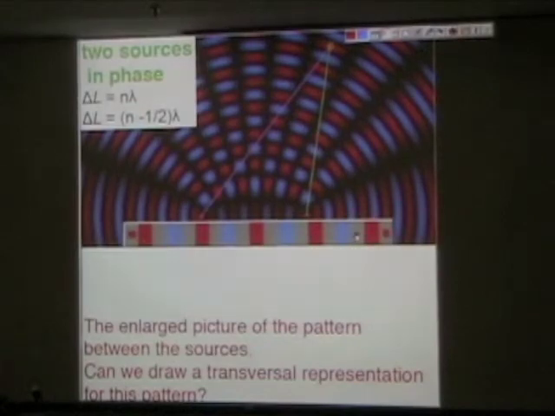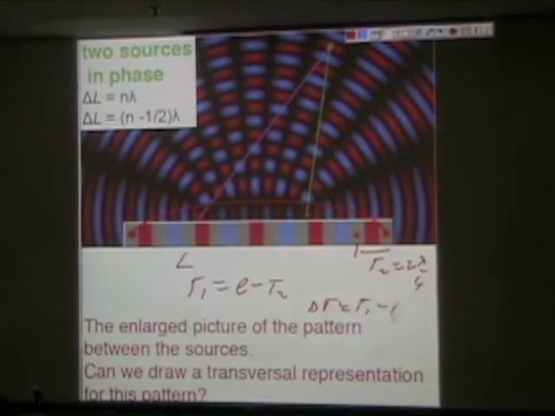So this point has R2 equals 2 quarters. If you know the total distance, R1 is supposed to be equal to total distance minus R2. And you can now easily calculate the path difference and see what it gives you.